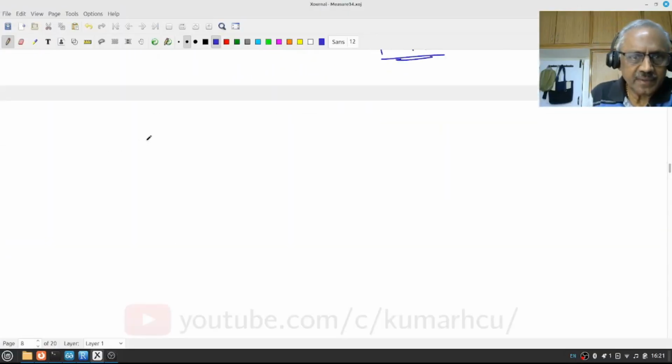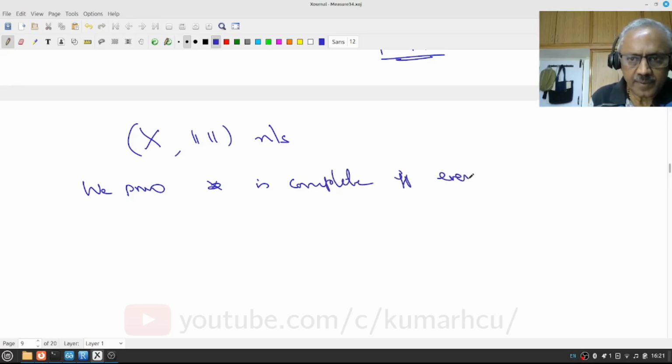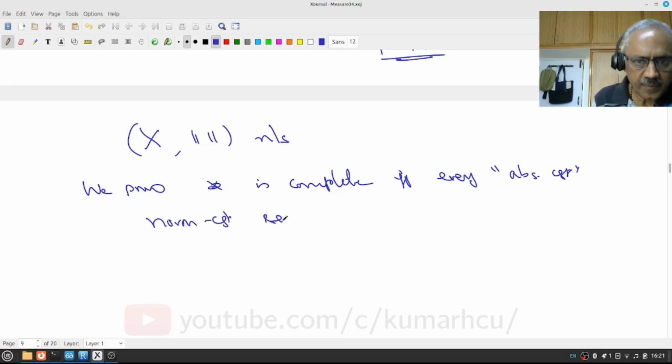So remember, if I have a vector space, this is a normed linear space. We proved this is complete if and only if every absolutely convergent, that is norm convergent, series is convergent.